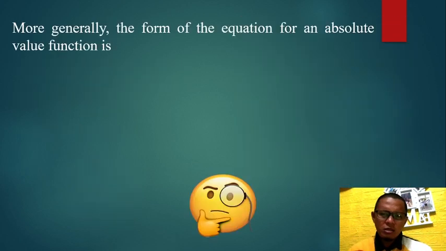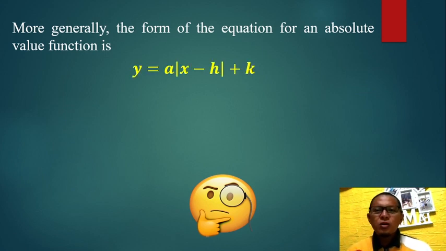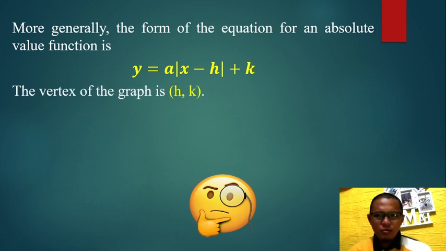So let's go. For an absolute value function, y or f of x is equal to a multiplied to the absolute value of x minus h plus k.